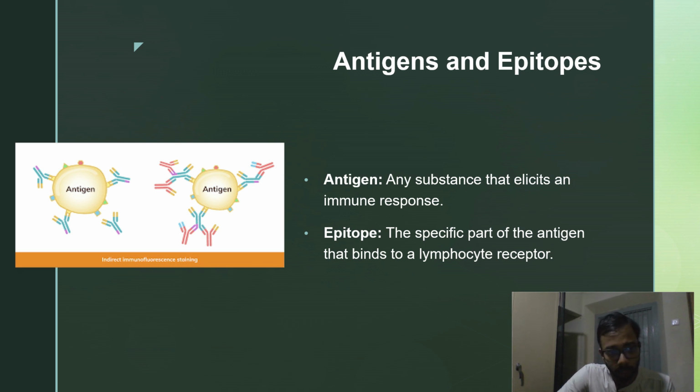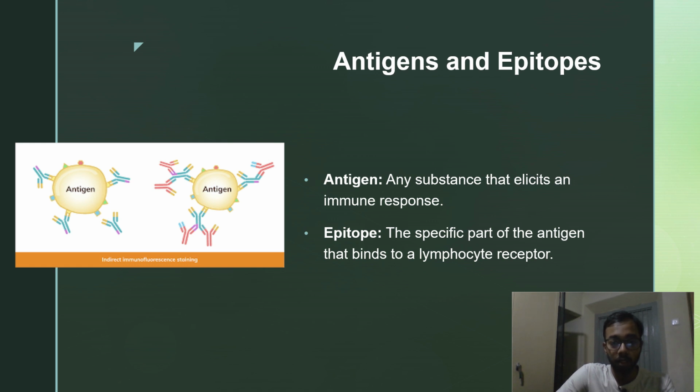For example, a part of a bacteria, a part of a virus, a pollen grain, or even artificial things such as molecules in plastics or rubber, or anything in the environment can act as an antigen which can trigger an immune response.